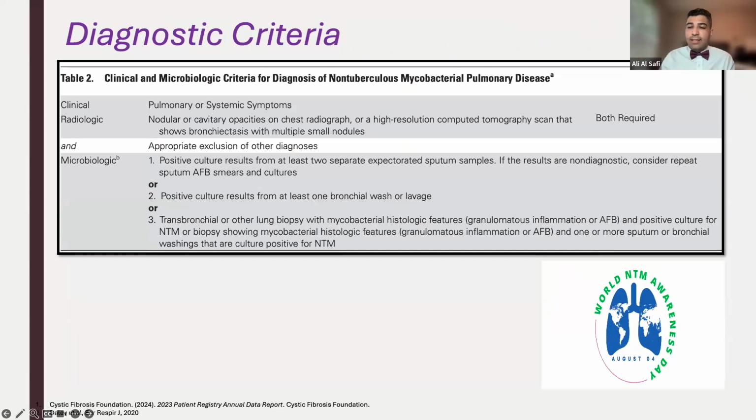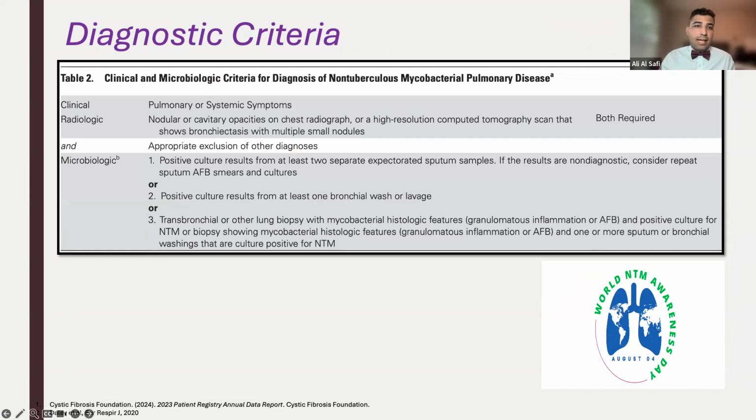We have certain diagnostic criteria, and we have to be very careful when we diagnose this disease. We have, first of all, the clinical criteria, which are non-specific. Pulmonary symptoms and systemic symptoms like loss of weight, fevers, cough, phlegm production.